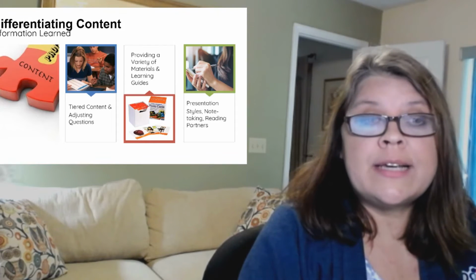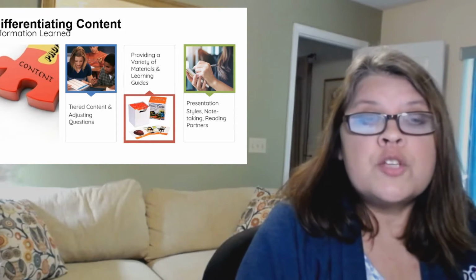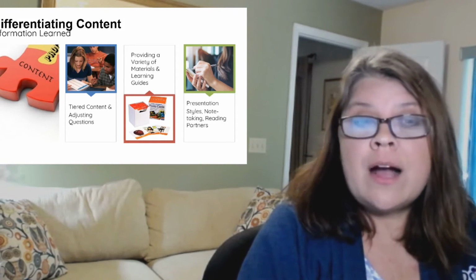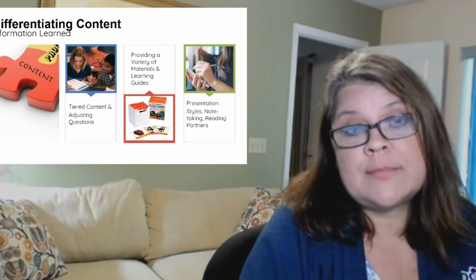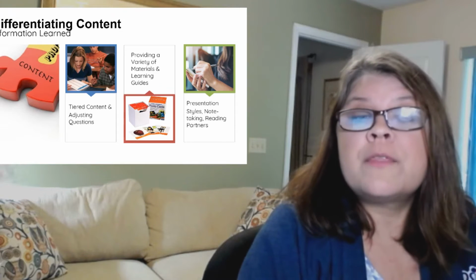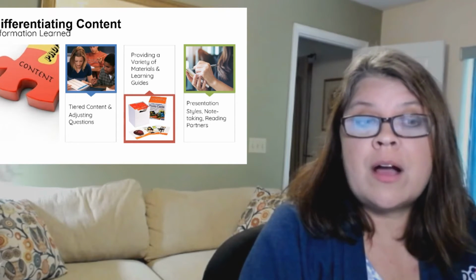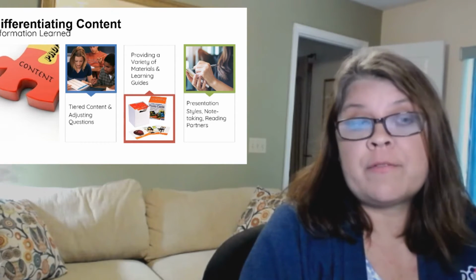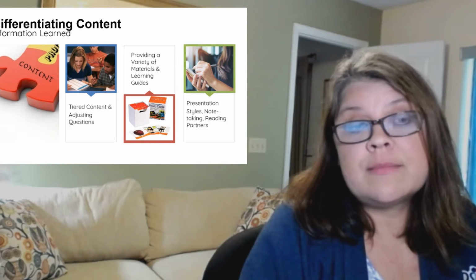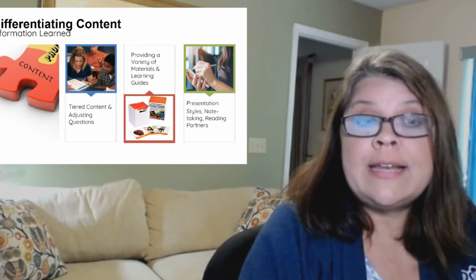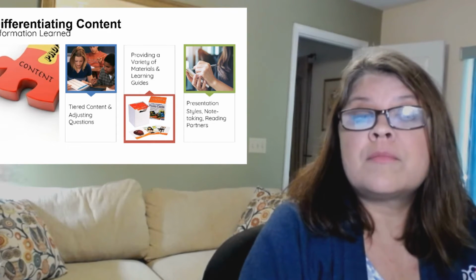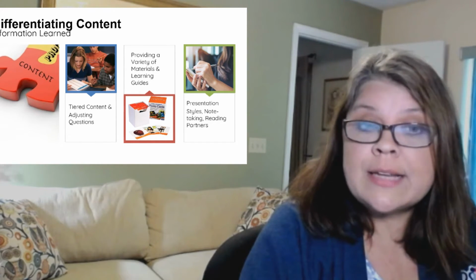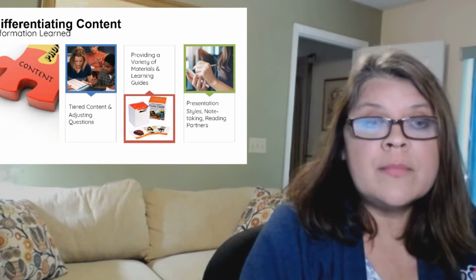Okay, so let's drill down. When teachers differentiate content, the same concept or skill is still taught to each student. However, the curriculum used to teach the concept or skill might be different for different students. So again, readiness, interests, and learning profile are considered within content.